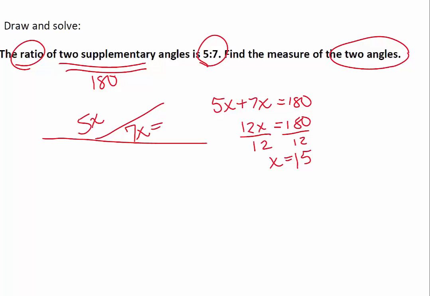So 7 times 15 and 5 times 15. And double check, does it make sense? Supplementary adds to 180: 75 and 105 add to 180. Looking good.